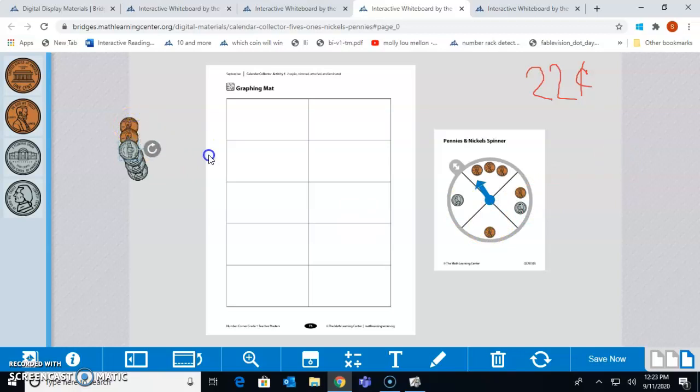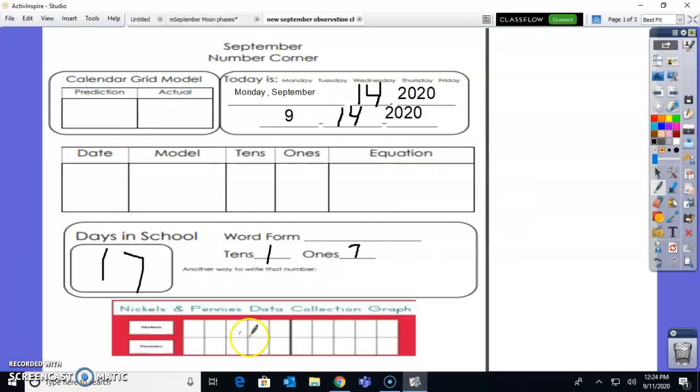So I have some pennies here. 1, 2, 3. 3 pennies today. You guys are going to write 1, 2, 3. There you go. I wonder how many more we're going to get.